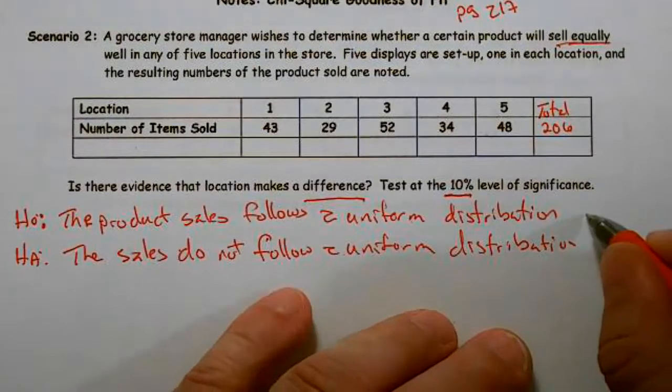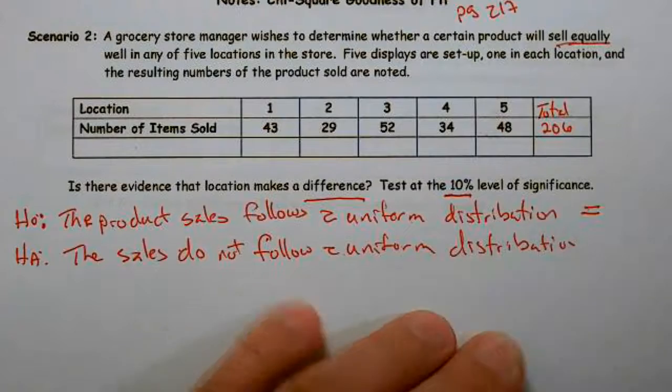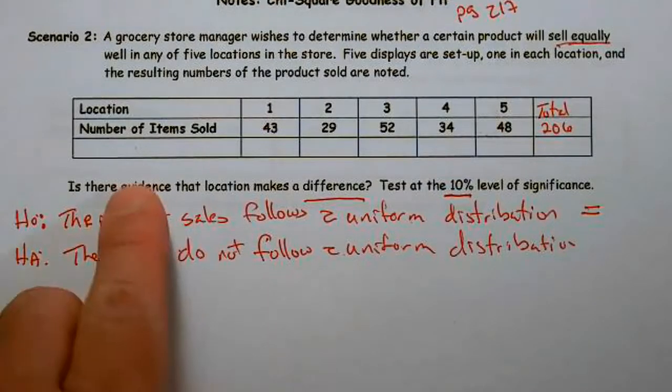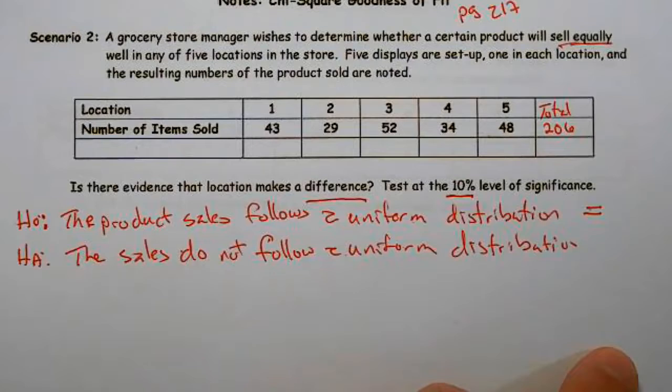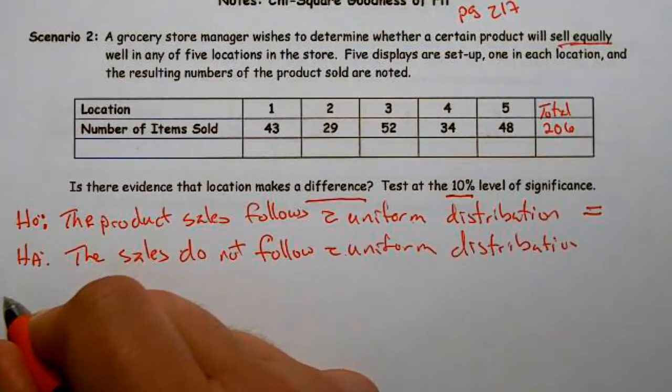Please remember, when we're doing a chi-squared goodness of fit, the first one, the null, is always going to be based on equal. So in other words, it is a uniform distribution. All right, our conditions.